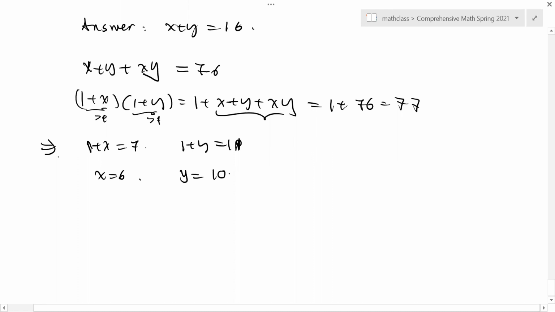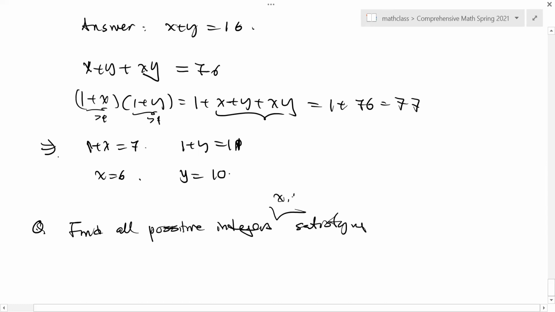Okay, so we can practice on another problem. Here's the question. Find all positive integers x and y satisfying 2x plus 3y equals 100.